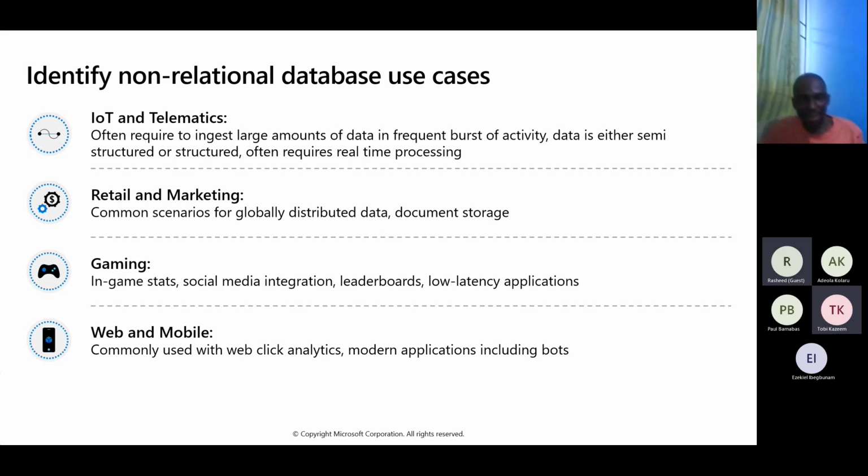Retail, nowadays, for retail and marketing, globally distributed data, Cosmos DB, document storage, we have a lot of non-relational data. In a global organization, the way the office in France and the office in Lagos store their data may be different, and you want to put them in the same database.